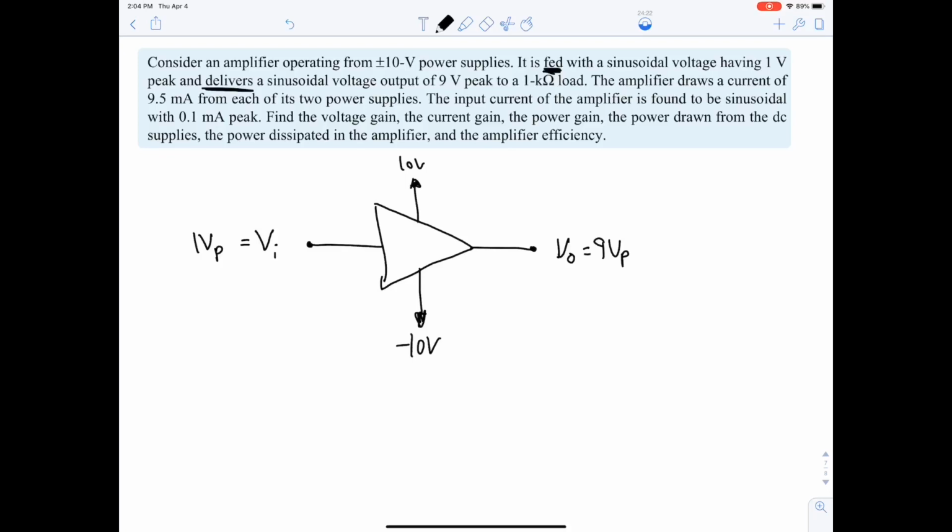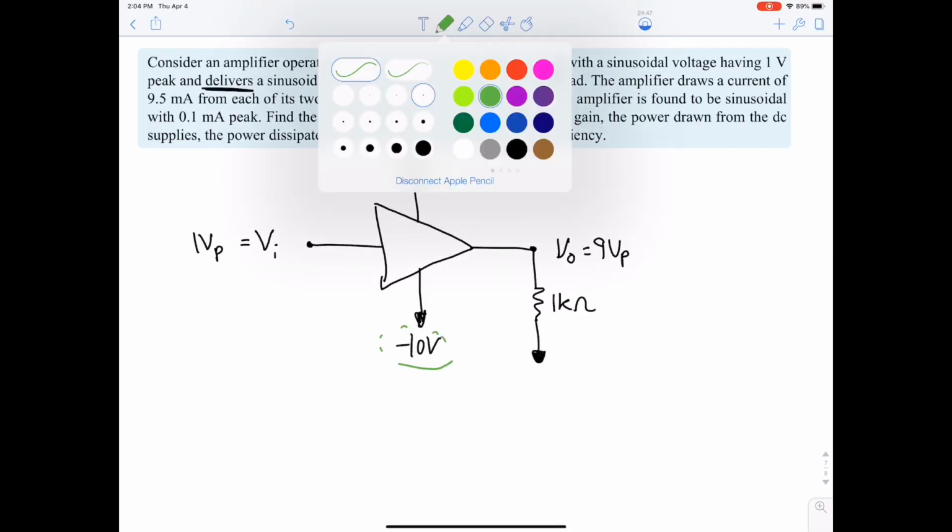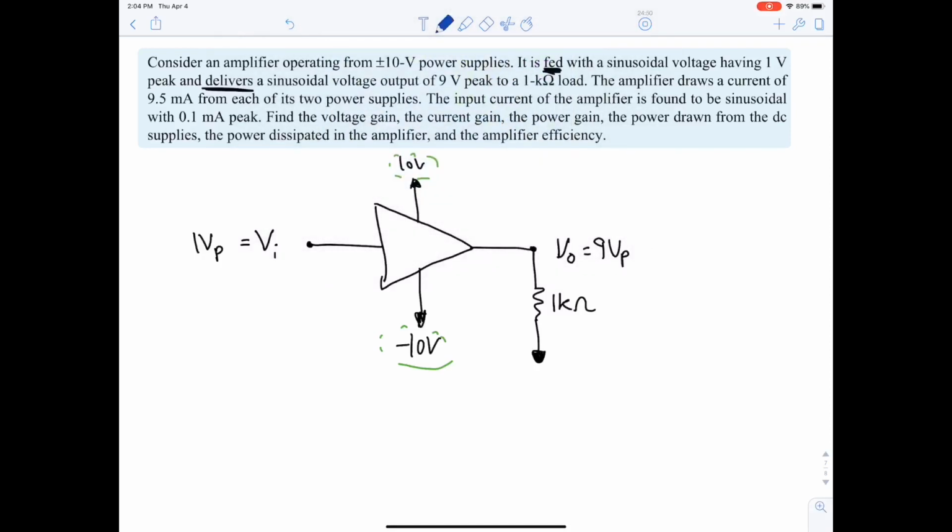To a 1 kilo ohm load, we have also a load resistance. I told you before that load is equivalent to output. The amplifier draws a current of 9.5 milliampere from each of its 2 power supplies. Now, those are my 2 power supplies, right? So it's saying that the current there is 9.5 milliampere. Let's call it I1, 9.5 milliampere, and I2, it's also 9.5 milliampere.